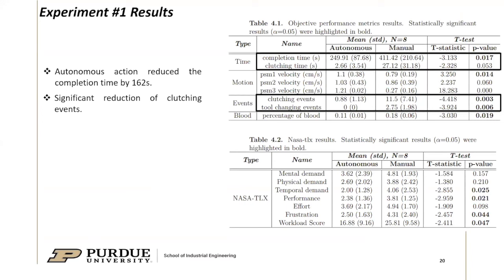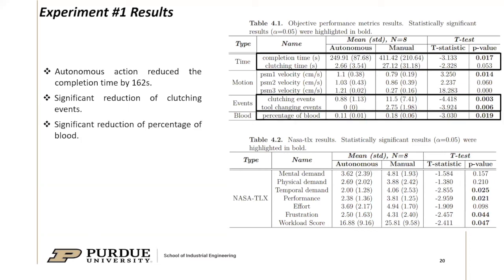During the manual condition, every time the user swapped to use the suction tool and returned to the operation of the main instrument arms, they had to use the clutch on the console to re-accommodate the console manipulators to a comfortable position to continue the task. This didn't happen when using the autonomous system.